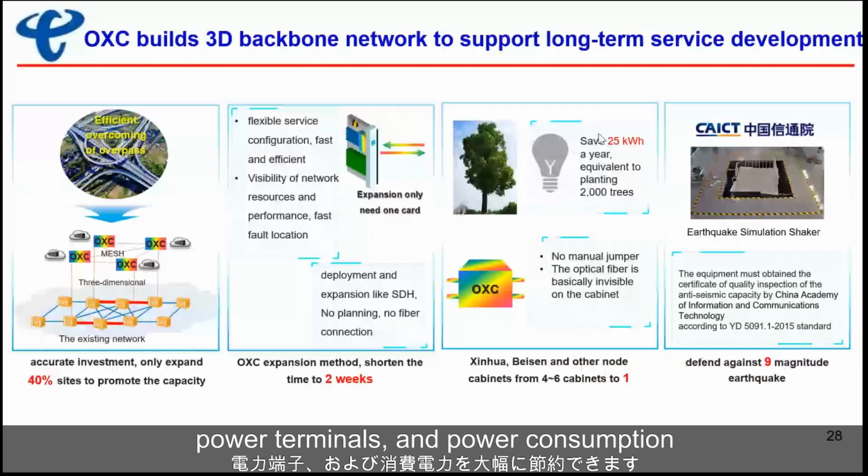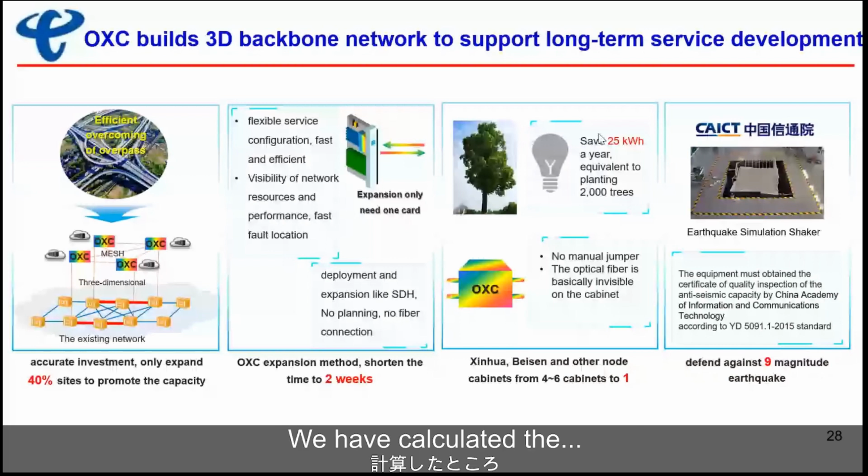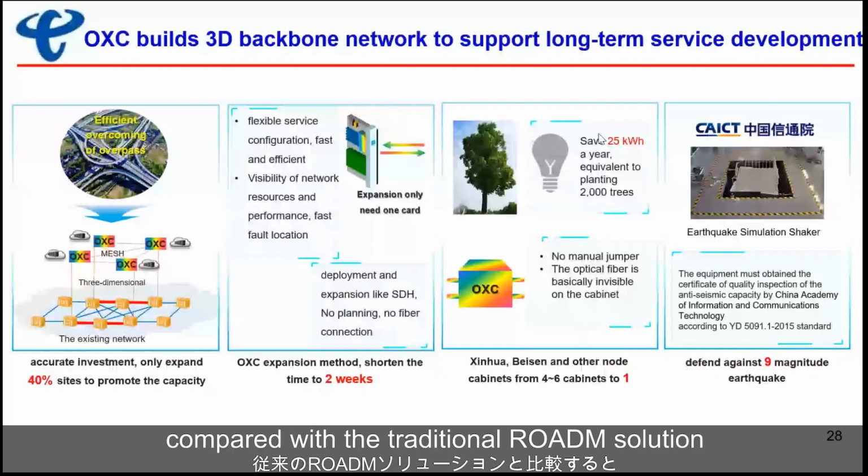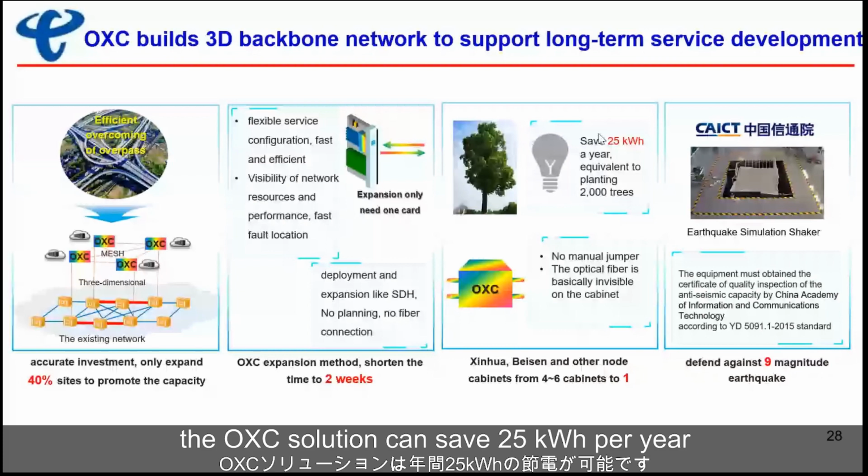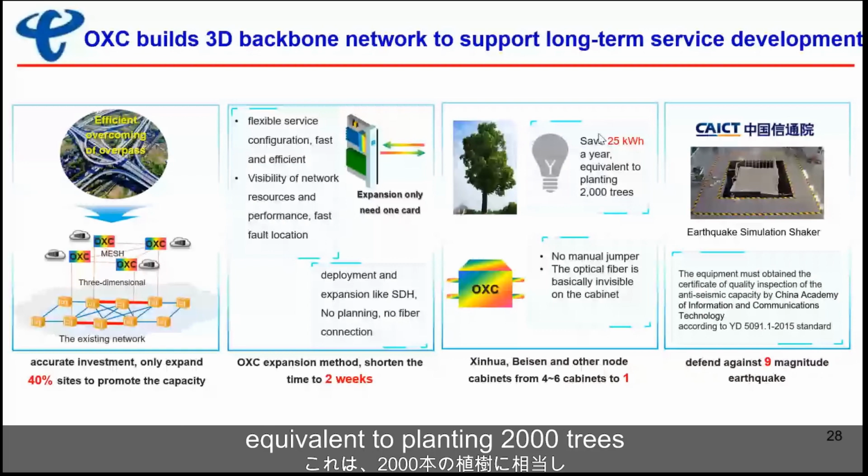In addition, the OXC solution using optical backplane technology greatly saves the room space, power terminals, and power consumption. We have calculated that compared with the traditional ROADM solution, the OXC solution can save 25 kilowatt hours in a year, equivalent to planting 2,000 trees.